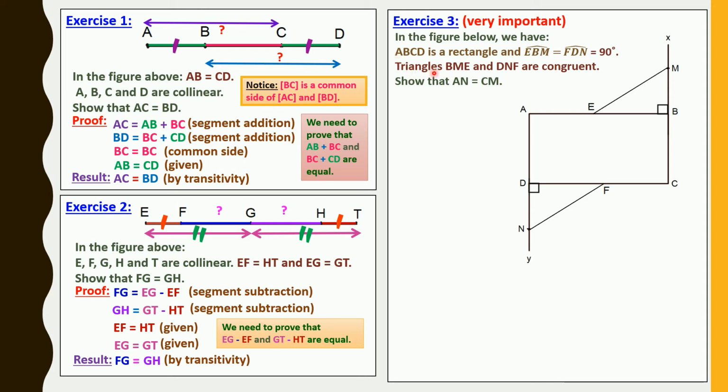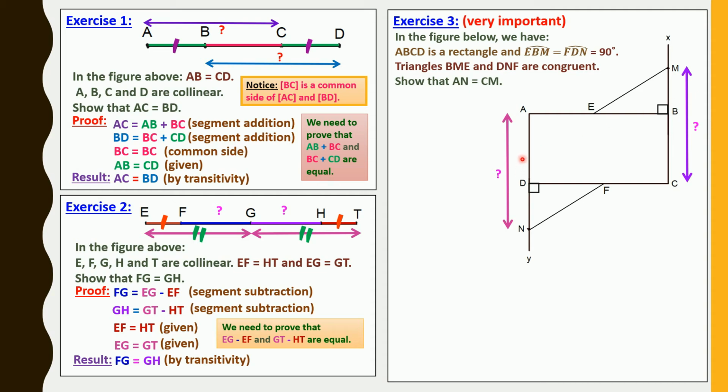And also we have a third piece of information, the fact that triangle BME and triangle DNF are congruent triangles. It's given information, I don't have to prove it. Show that segment AN equals segment CM?